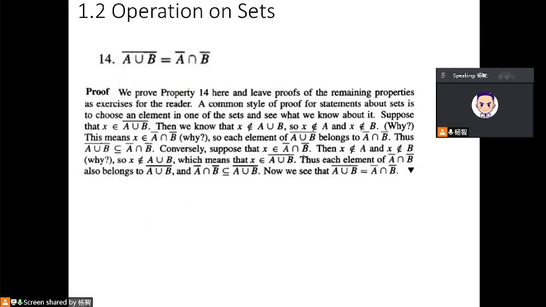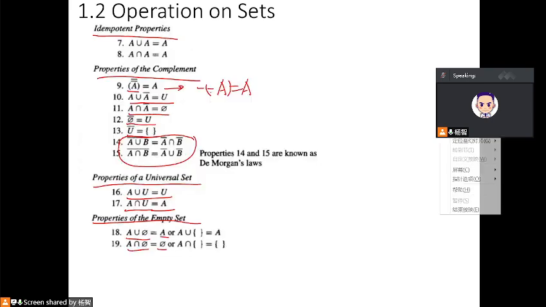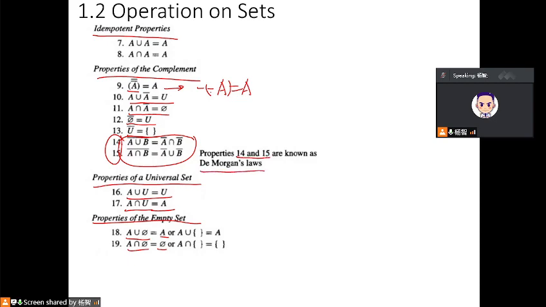I've said that properties 14 and 15 are difficult to understand. And normally we call properties 14 and 15 the De Morgan laws.